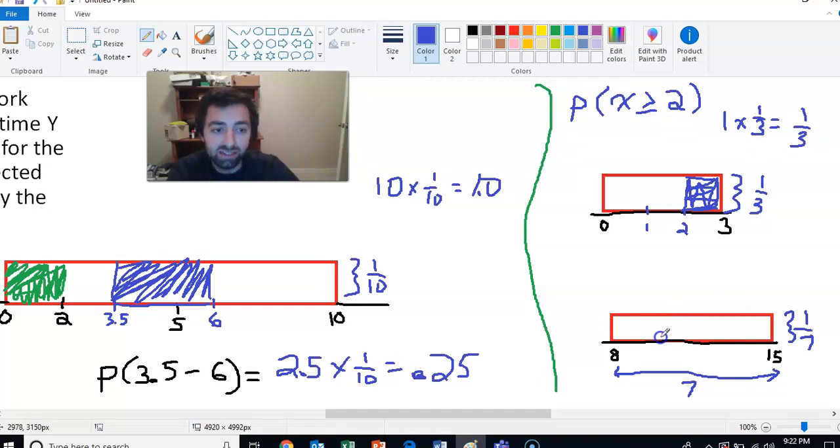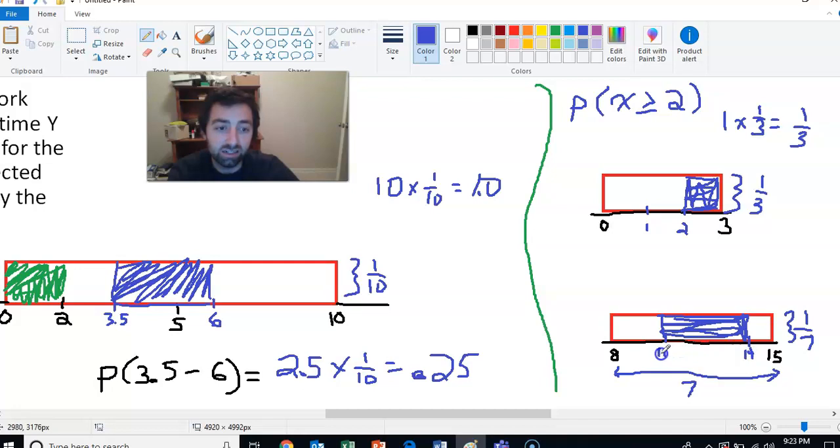So what's the probability that x takes anywhere from 11 to 14? In other words, what proportion of this entire thing am I shading? Well, what's the distance from 11 to 14?